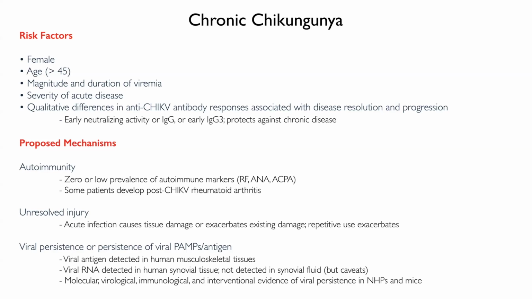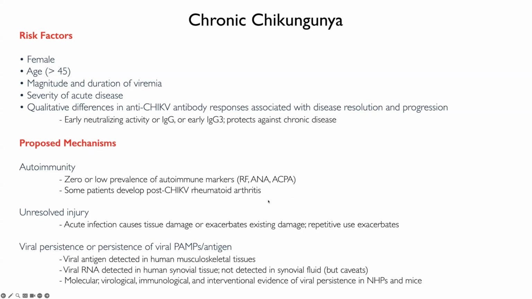And that includes this rise of early neutralizing activity as being shown to protect against chronic disease, suggesting then that antiviral immune responses are important, and controlling clearance of the infection are important in controlling whether someone progresses to chronic disease. The mechanisms of this are really not very well understood.